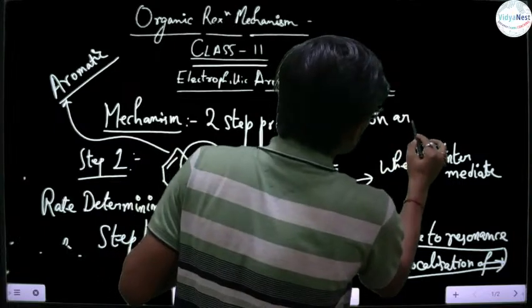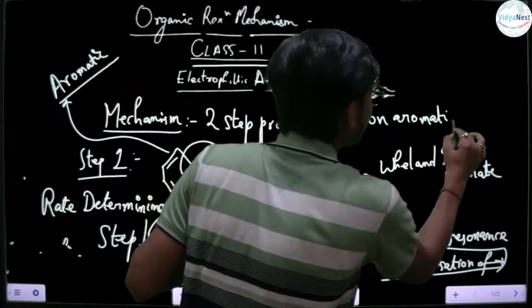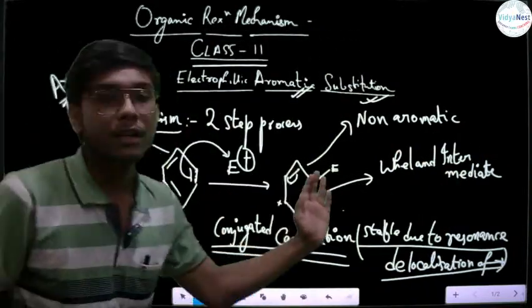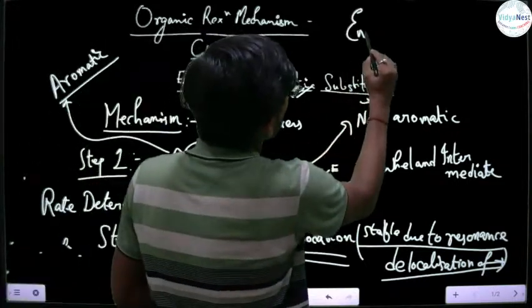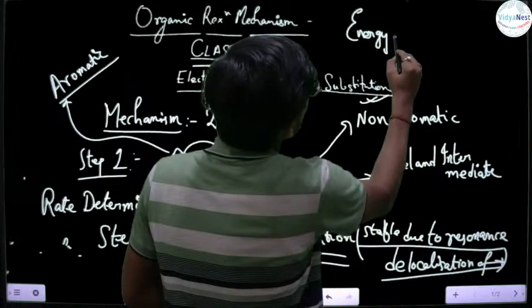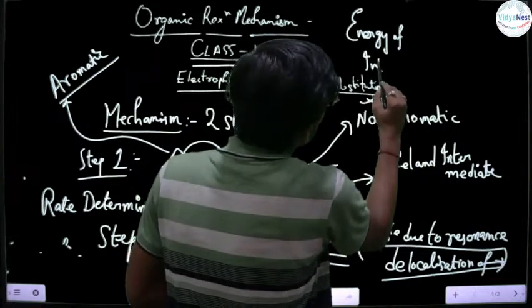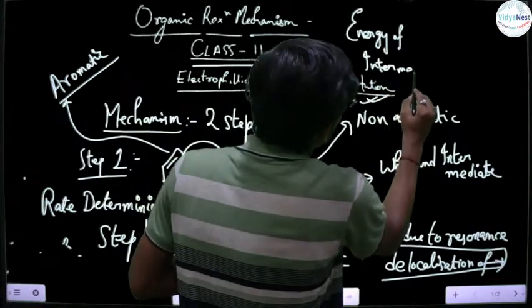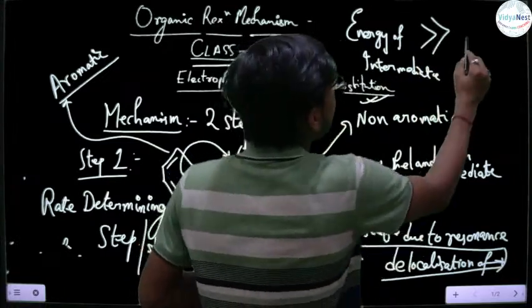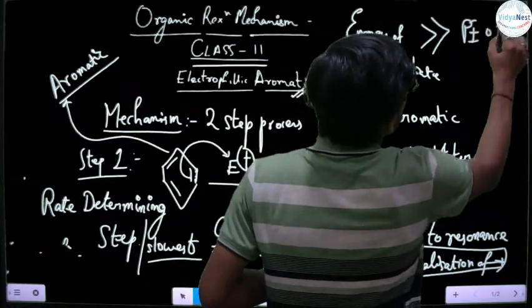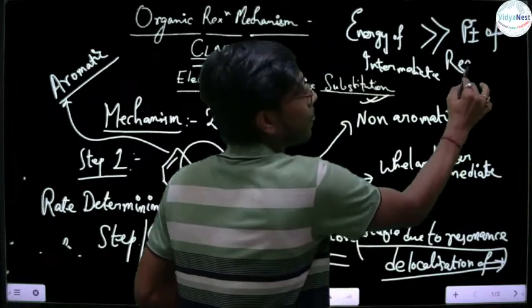So if this is happening, then we must understand that this process is endothermic in nature. That's why we often see that the energy of the intermediate, the potential energy basically, is always much greater than the potential energy of the reactant as well as the product.